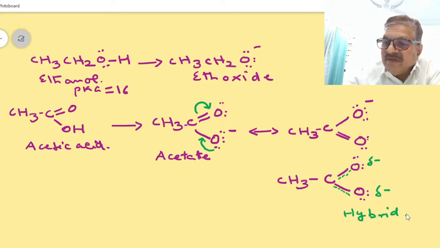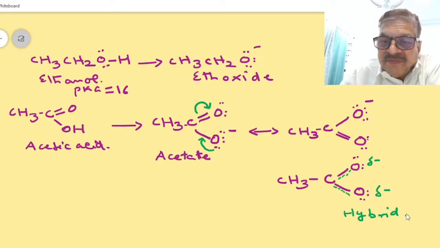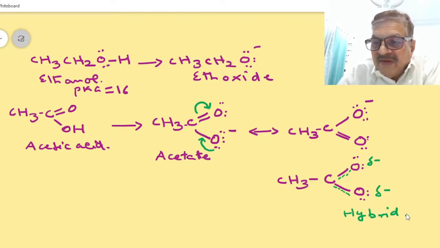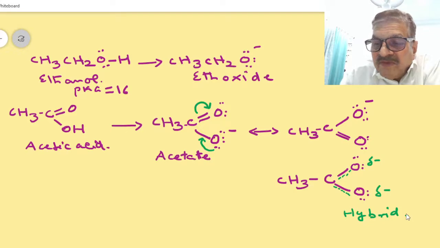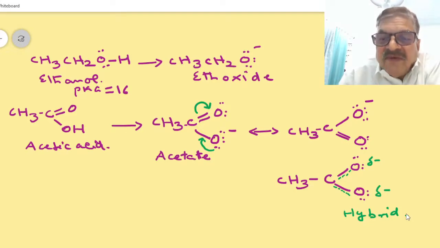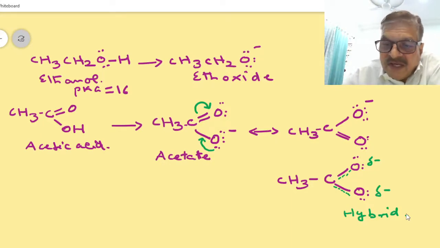The resonance structure is a hybrid structure. So the carboxylate anion will have less attraction for a proton because the negative charge is delocalized. Because of the delocalization of the negative charge, the conjugate base becomes weak. Delocalization of the electron density stabilizes the acetate anion, making it a weaker base.